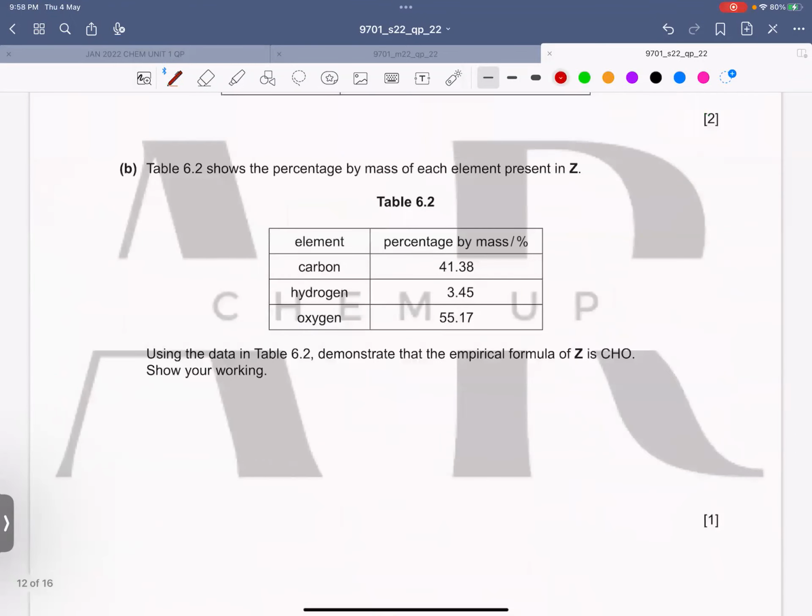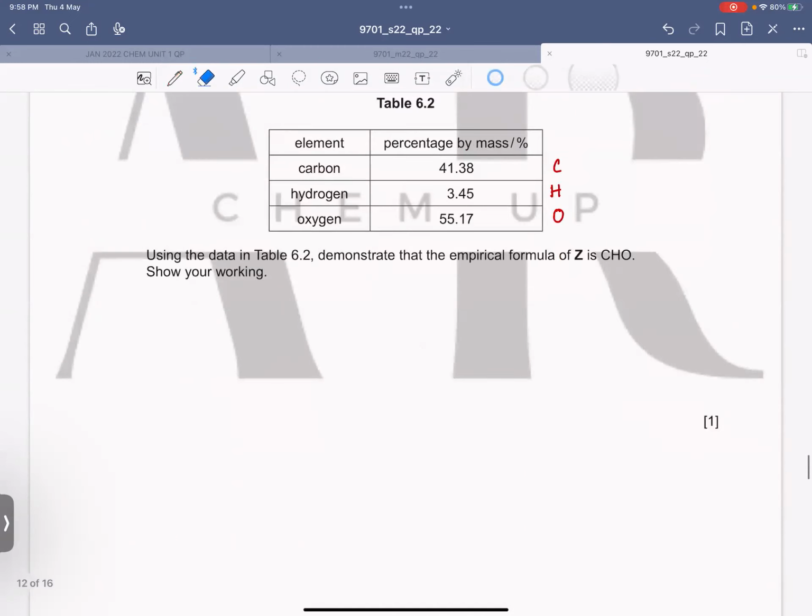Okay. Now, table 6.2 shows the percentage by mass of each element present in Z. Here we have carbon 41.38% by mass, hydrogen 3.45% by mass, and oxygen 55.17% by mass. Using the data in table 6.2, demonstrate that the empirical formula of Z is CHO.